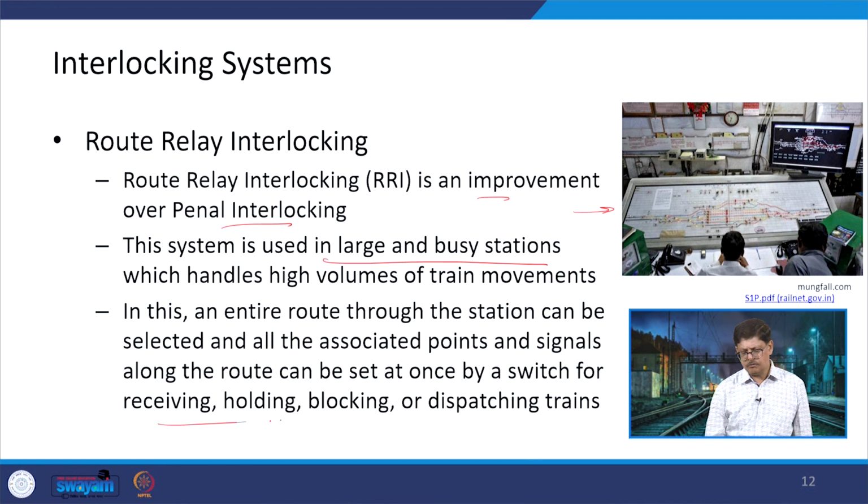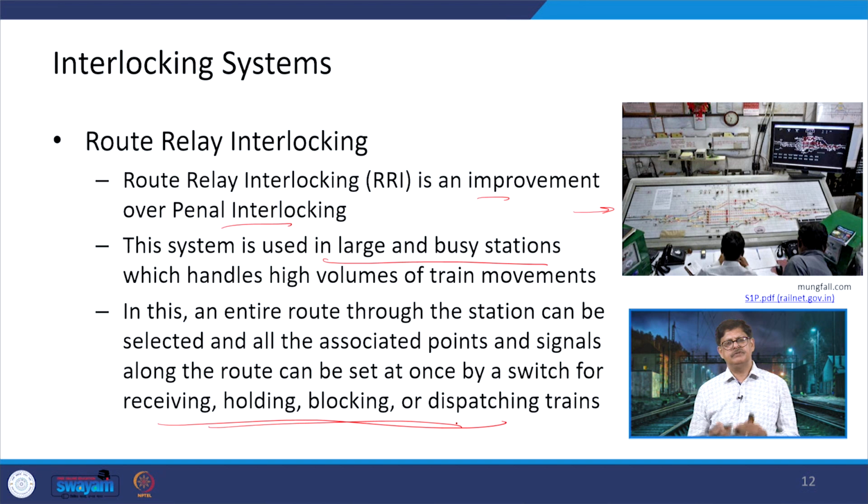So, for all the work which is required, you have to receive the train, then the train has to be dispatched, and in this period one of the sections may get blocked, or the previous section is going to be held, so that no train moves into it, because you have to maintain a certain gap between the movement of two trains on the same track in the same direction. So, this is all done by the movement or operation of a switch.